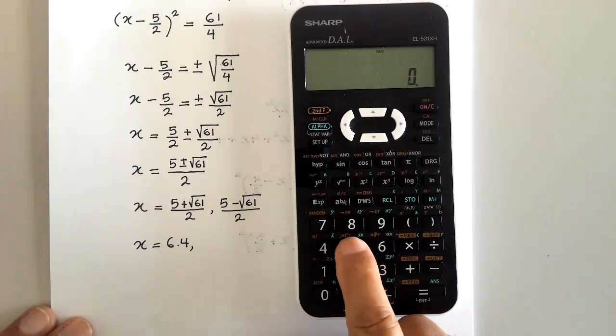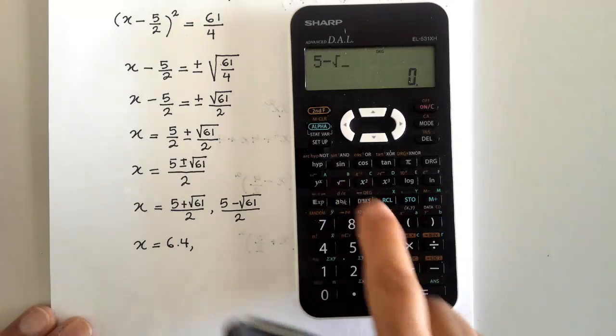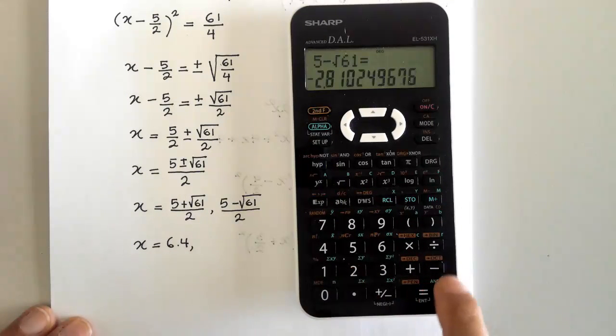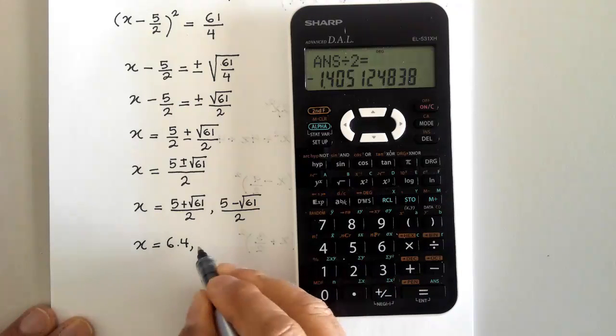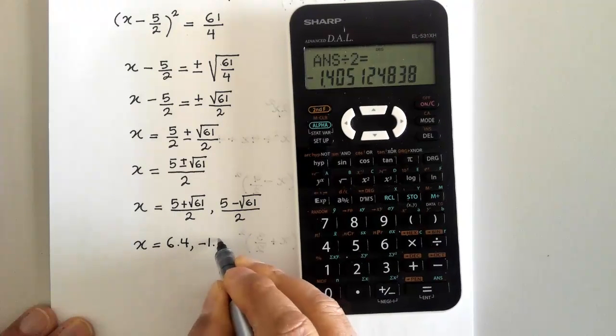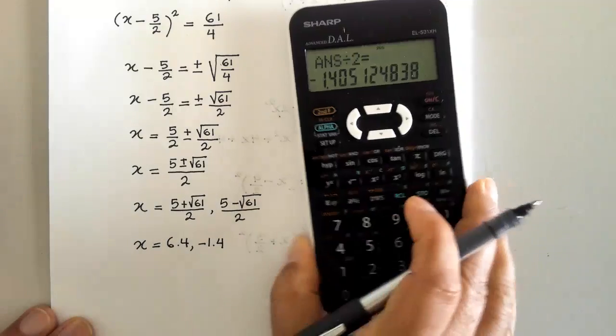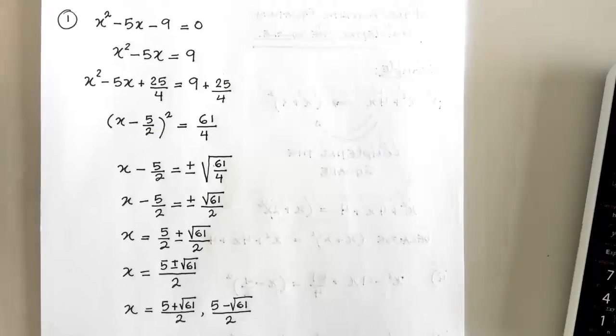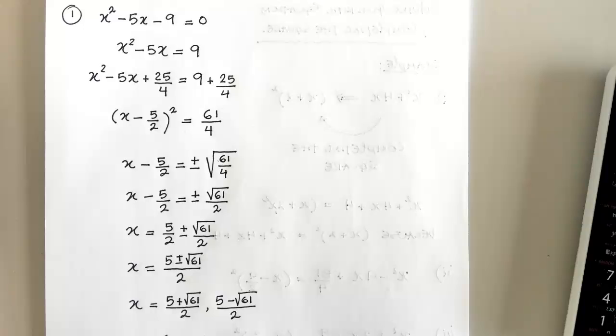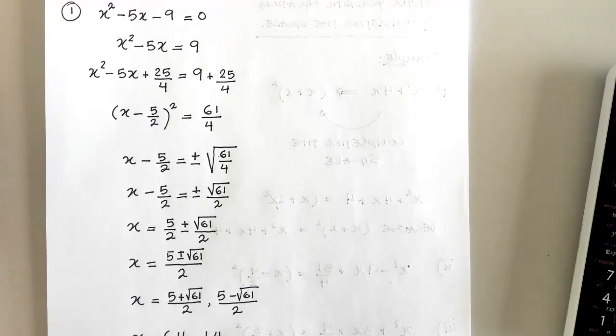So we do 5 take away square root of 61, equals, and then we divide by 2, so the answer is negative 1.4. All right. Okay, so this is how you do the completing the square method to solve a quadratic equation.